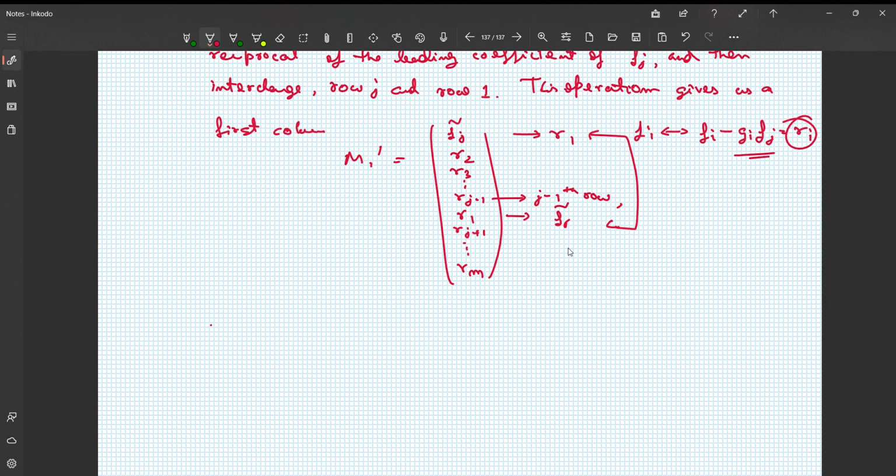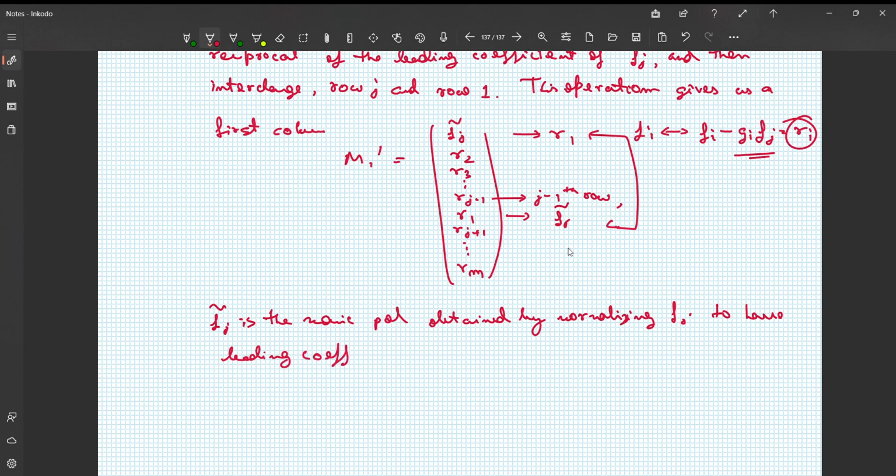But to be specific, fj tilde is the monic polynomial obtained by normalizing fj to have leading coefficient 1. Clear?